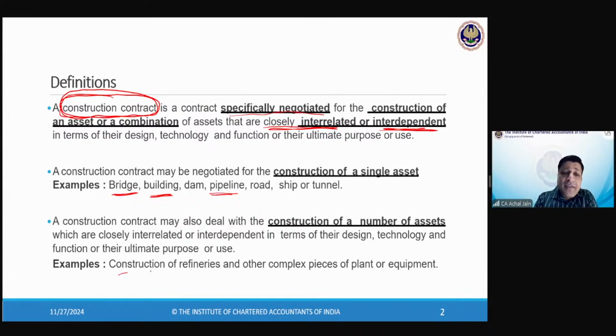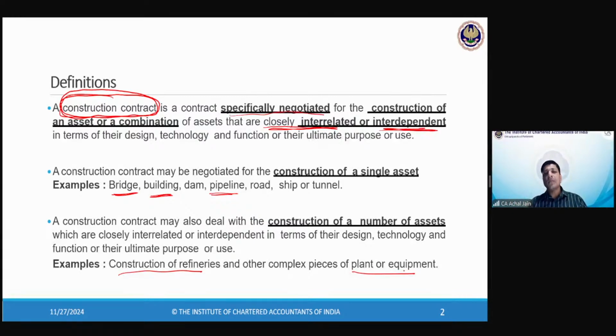Construction of a refinery, or if there is any plant and equipment. The moment we say it is going to take a substantial period of time, that is when it will fall under AS7, on which accounting standard 7 will apply.